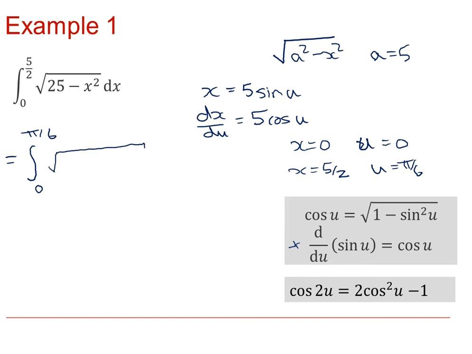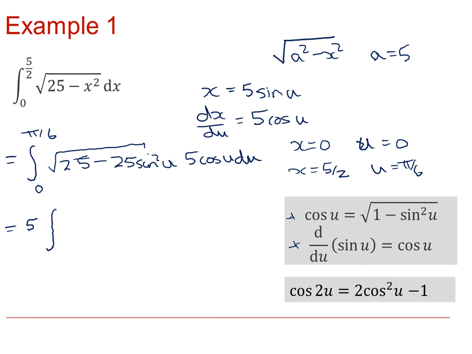And under that square root we now have 25 minus 25 sine squared u. And then we are multiplying by 5 cos u du. We know we can replace the 1 minus sine squared u and take out that factor of 5.